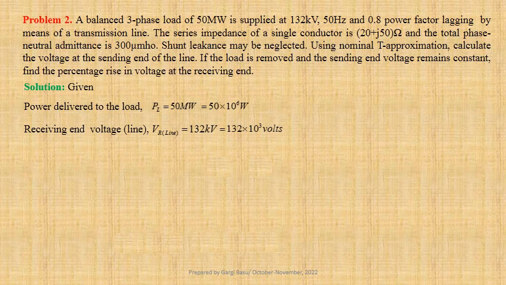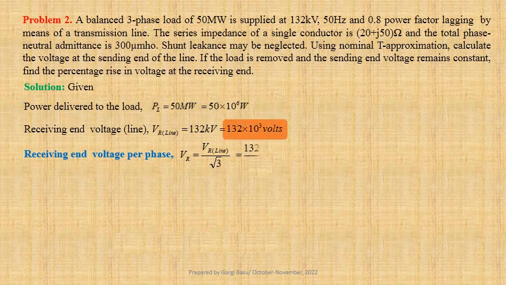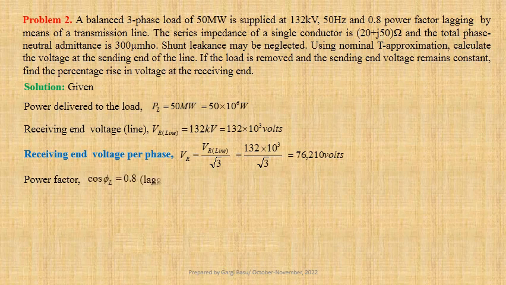For star connected system, receiving end voltage per phase VR equals VR line divided by root 3, that is 132 into 10 to the power 3 divided by root 3, that gives us 76,210 volts. Given load power factor cos phi L equals 0.8 lagging.